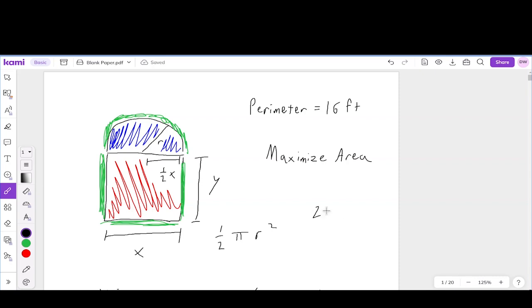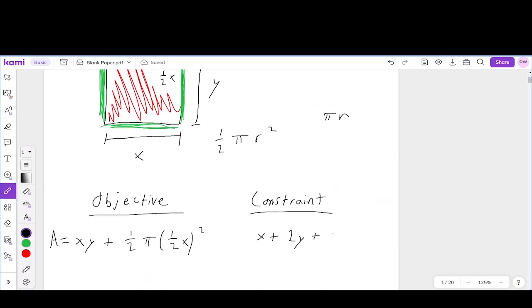Circumference is normally 2 pi r, but since it's a semicircle, we remove the 2, and so it's just pi r. So I'm going to say plus pi r. Again, the radius is 1/2 x, so I'm putting 1/2 x right there. And then finally, you set this equal to the perimeter, which we said was 16.